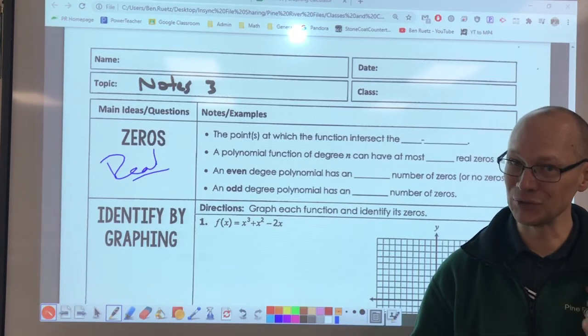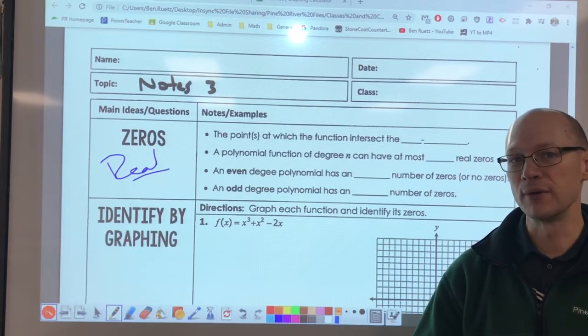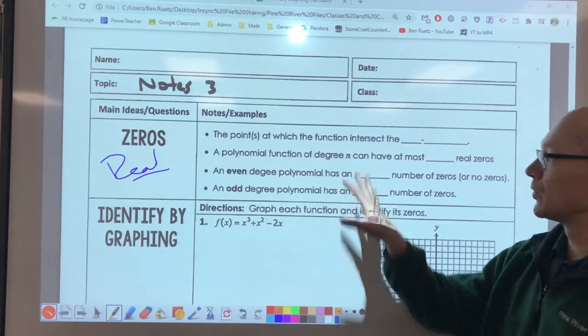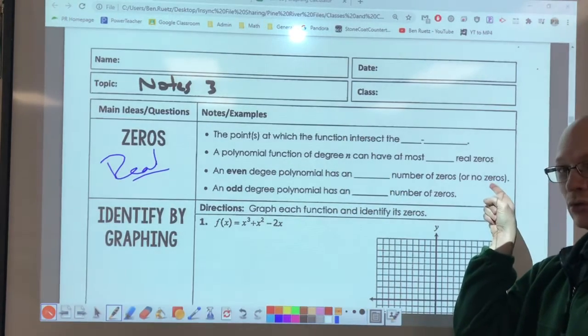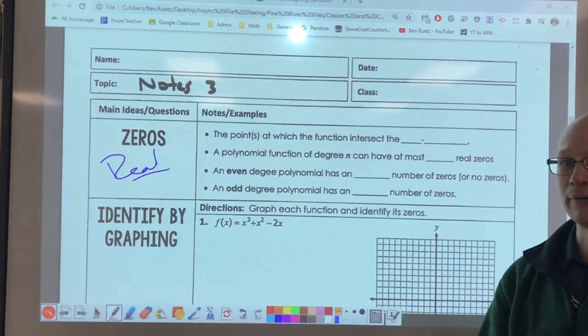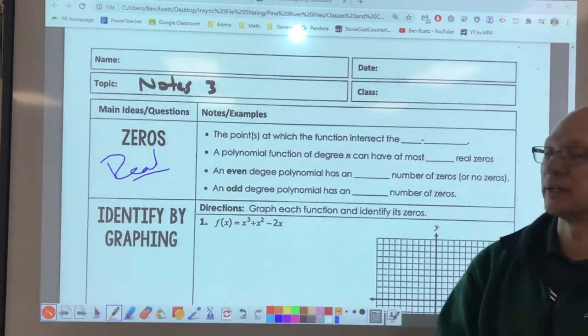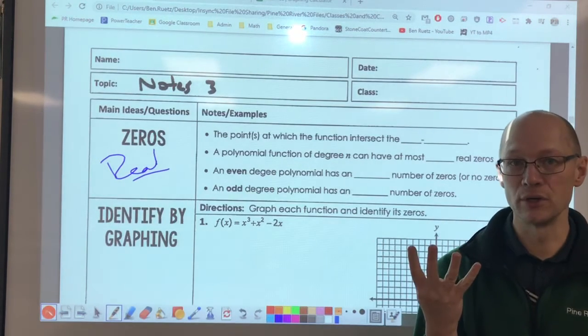We know that because I've told you that, and we could find the ones that we can't see by using some pretty creative mathematics. So when it goes through here and says, well, maybe there's no zeros at all, that's not true. Unless it is a horizontal line, that would have no zeros. But the idea is, if the degree is 4, there's going to be 4 zeros.